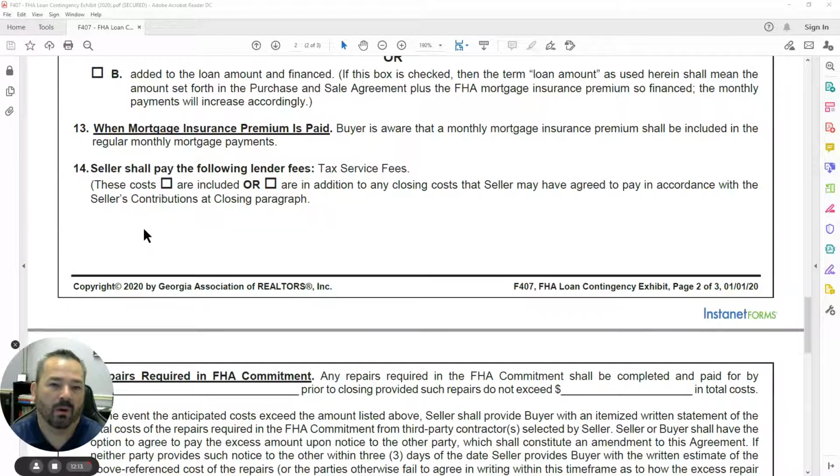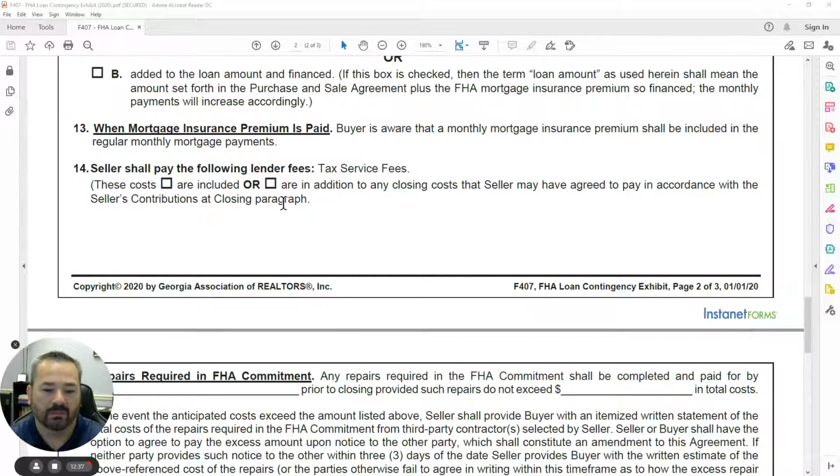Okay, so on page 1 of the purchase and sale agreement, we've asked that the seller pay $2,000 in seller's contributions to closing. Well, is this $100 fee part of that $2,000? Or is this $100 being added to that $2,000 for what the seller has to pay?